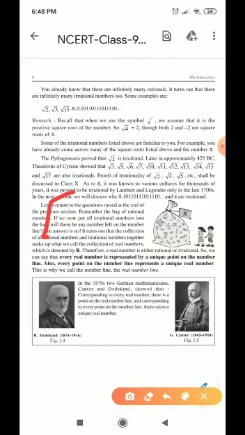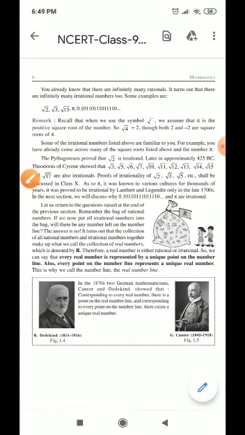No. Irrational numbers are the last numbers which we have put in the bag. So the collection of rational numbers and irrational numbers together make up what we call the collection of real numbers, which is denoted by capital R.